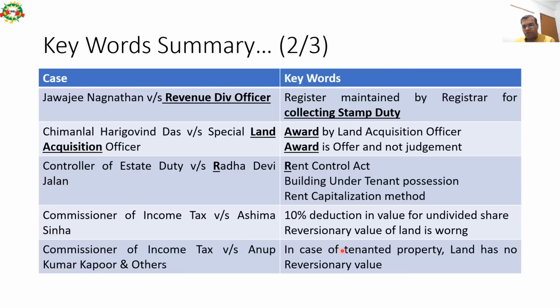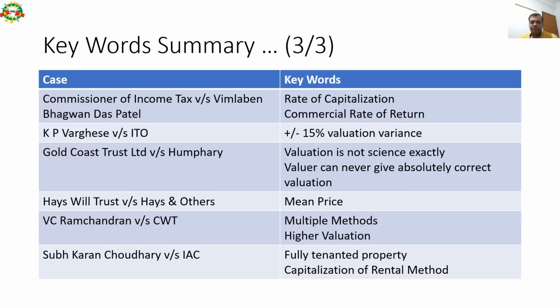If the examiner is talking about 10% reduction in value of undivided share, and reversionary value of land is wrong, if these keywords are given in the question, that means the examiner is talking about the Commissioner of Income Tax versus Ashima Sinha case. If the keywords are tenanted property, land has no reversionary value, that means the examiner is talking about Commissioner of Income Tax versus Anup Kumar Kapoor and others.